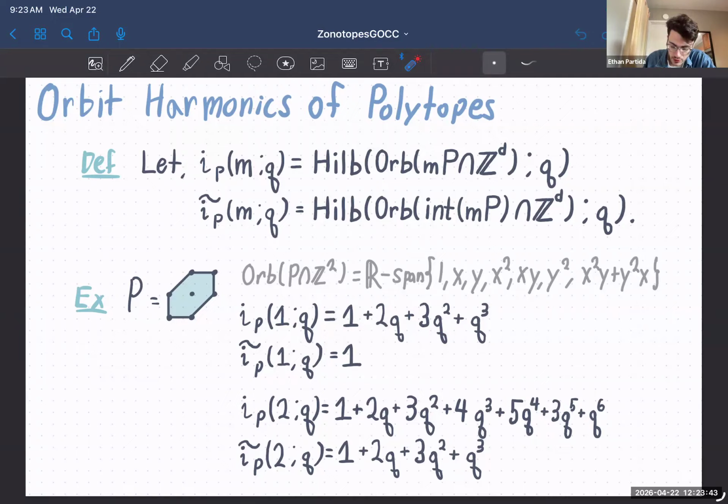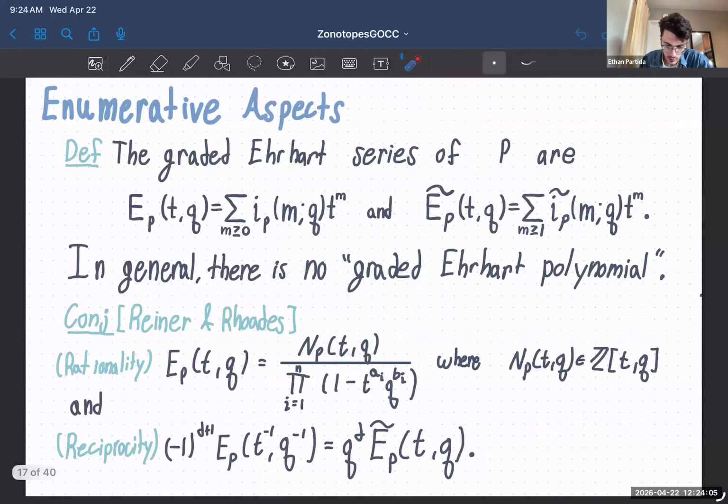And how do we get these coefficients? Well, we should find a basis for the orbit harmonics ring and then count them by their degree, which I did here. So you can check that there's one thing of degree 0, 2 of degree 1, 3 of degree 2, and a single thing of degree 3. And to get the rest of them, I just kept doing that. Okay.